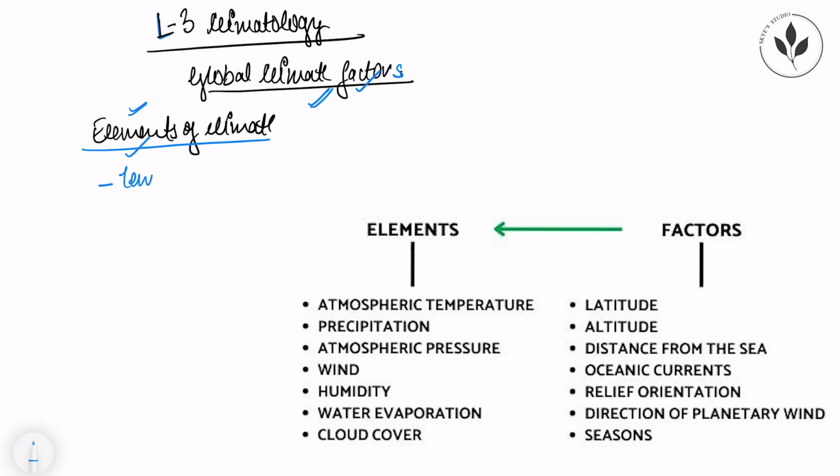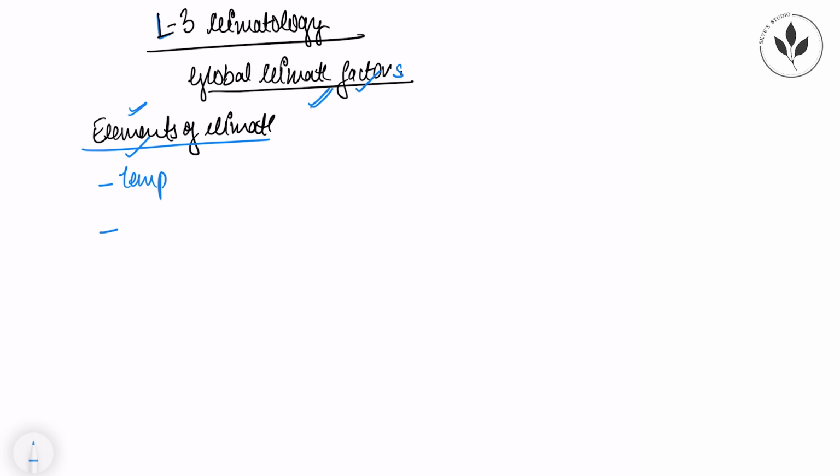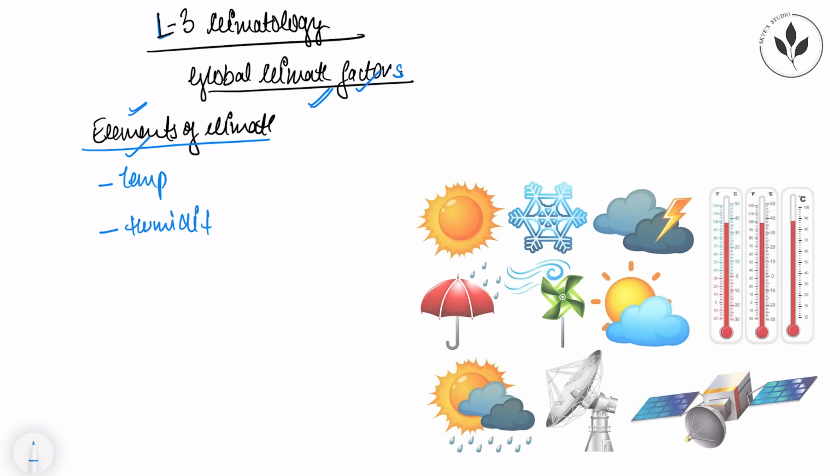So the elements of climate were temperature, that we studied in the last lecture: temperature, humidity, precipitation, wind. Elements of climate are something that we can measure, and they are variable, something that changes with time.